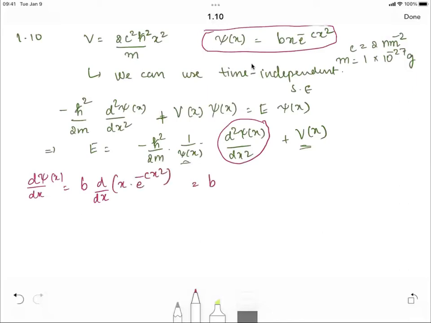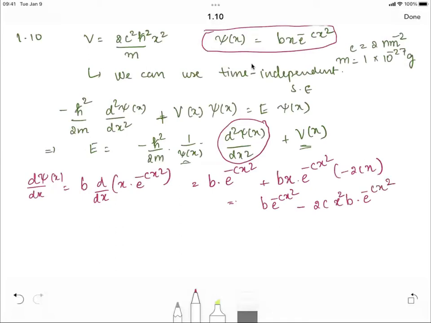That will be b times, first the derivative with respect to x, so we get this, plus b x times the derivative of the exponential, which gives us back the exponential times this. So to simplify this, we have this. That is the first derivative.